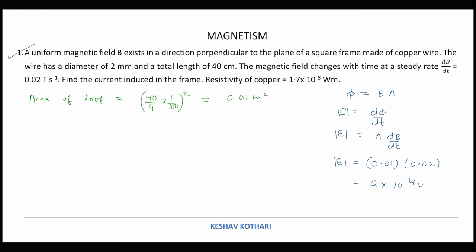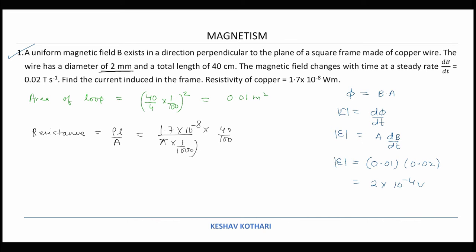The next thing we are calculating is the value of current. In order to calculate the current, we need to know the value of the resistance. The resistance offered by the loop can be written as rho L upon A. The resistivity is 1.7 into 10 to the power minus 8, into the length, which is 40 centimeters, so we convert it into meter, and the area, since the diameter is 2 millimeter, can be written as pi r square, where the radius is 1 millimeter.